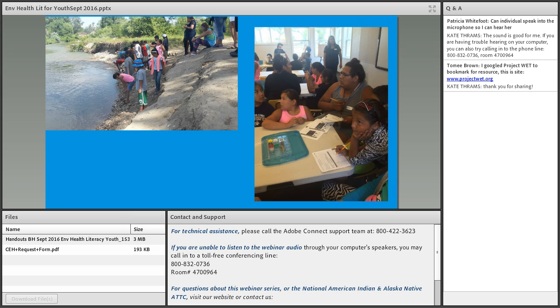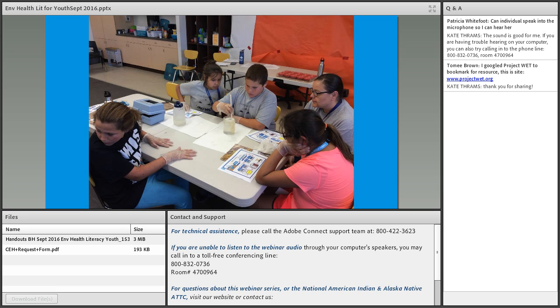We had microscopes and had them identify the insects and talk about what that meant about their river. And then we also examined the actual samples from the water and learned about how water is cleaned by the water treatment center. That was also really hands-on and exciting for the kids as well.